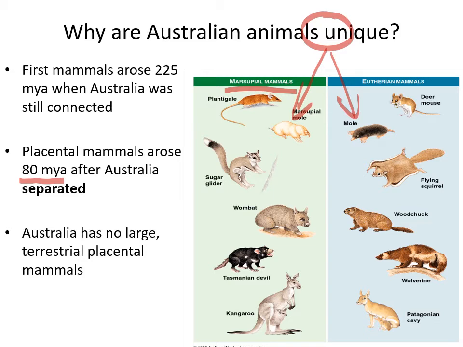The animals that were living in Australia have then evolved in isolation from the rest of the mammals that evolved around the world. So the evolution of, say, the placenta-based mammals was something that happened after Australia separated. So you don't see native placenta-based mammals on Australia's continent because they would have evolved on the other continents after Australia has separated.